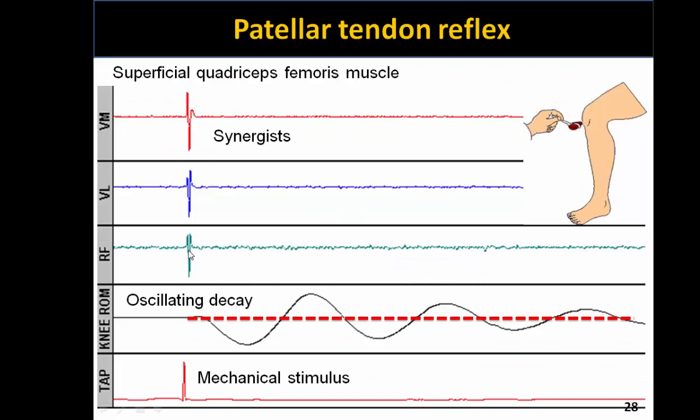But what we see with that reflexive activation, the leg will only move when the superficial knee extensor muscles are activated, and you see these very short duration, high amplitude bursts from the superficial knee extensor muscles.